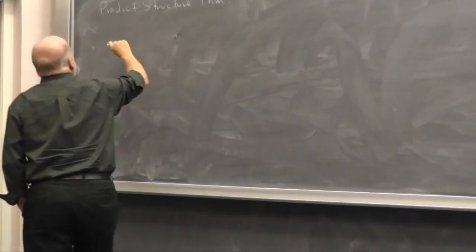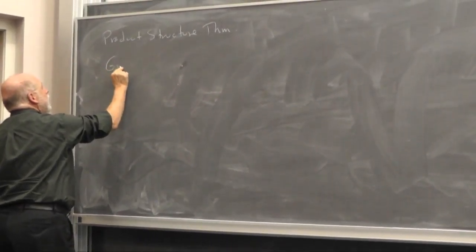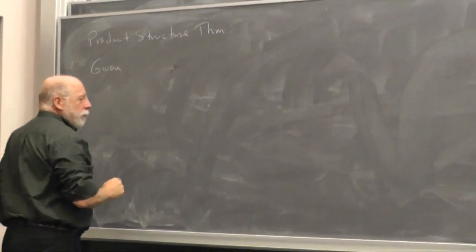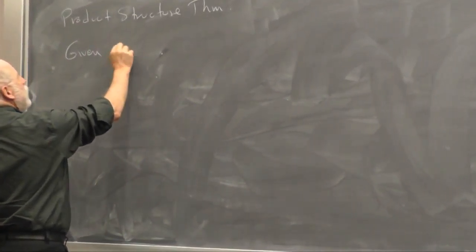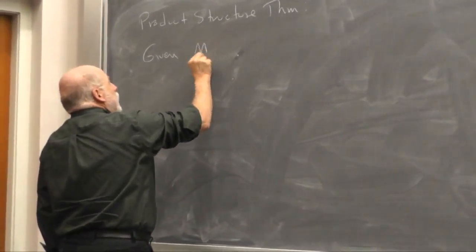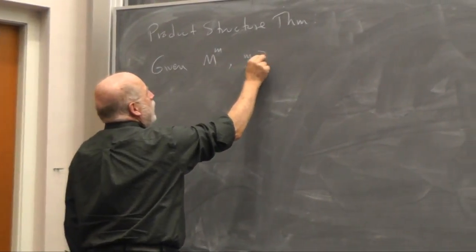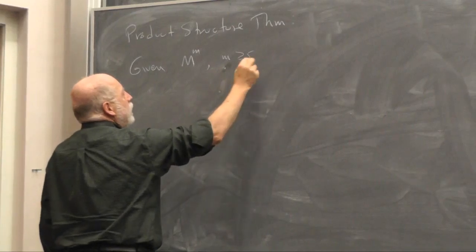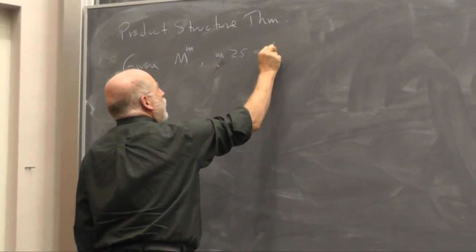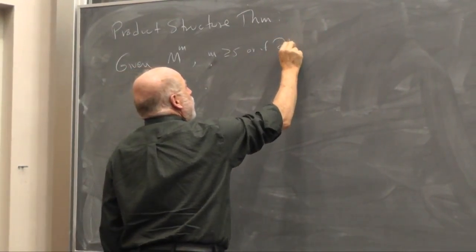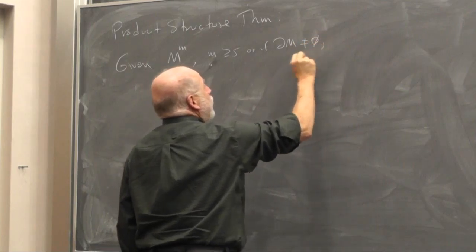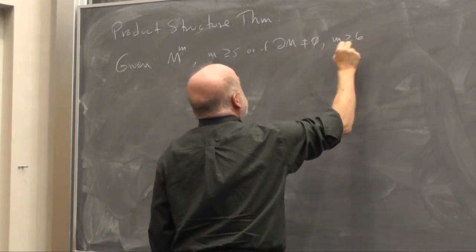It says this, given our manifold M, usual dimensional restrictions: M should be greater than or equal to 5, or if the boundary of M is not empty, then M greater than or equal to 6.